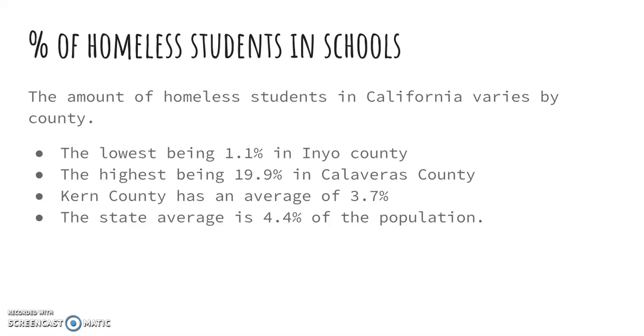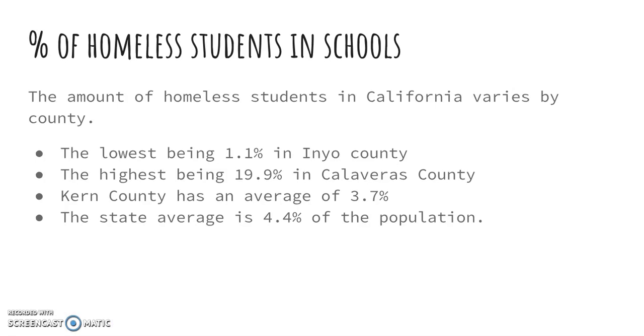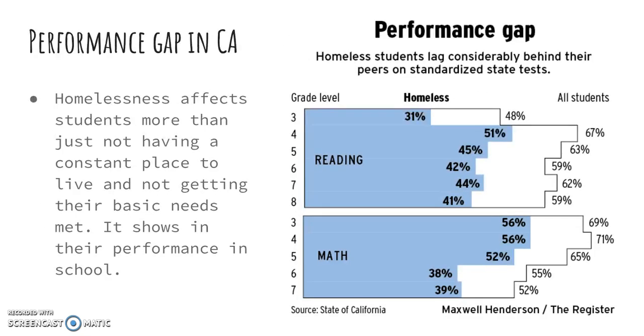The highest is Calaveras County, which is just under 20%. Kern County averages out at just under 4%, and the average for the state is about 4.5%.